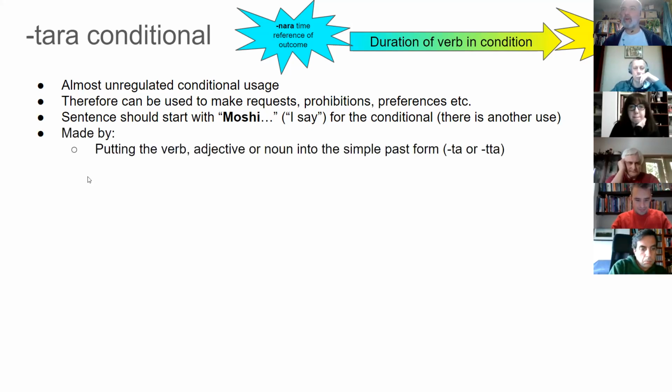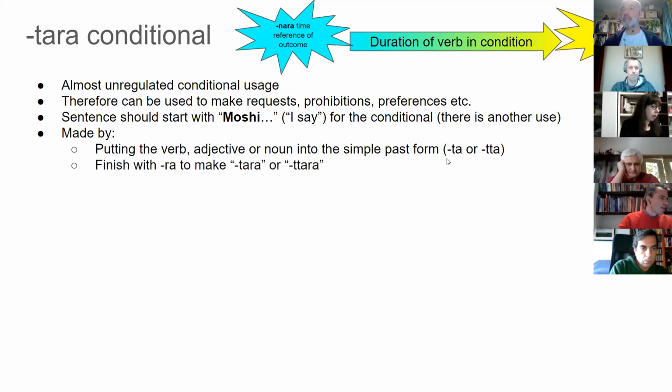So a quick run through how to make this conditional form. We put the verb, the adjective, or the noun into the simple past tense. For group 1 verbs, this is a little bit more complex than group 2, but we'll have a look in a second to see how that's done. And then we put ra after this. So at the end of all of the tara conditional forms, there'll be a tara, a double T tara, a hard tara.